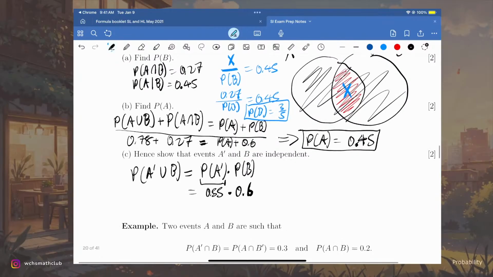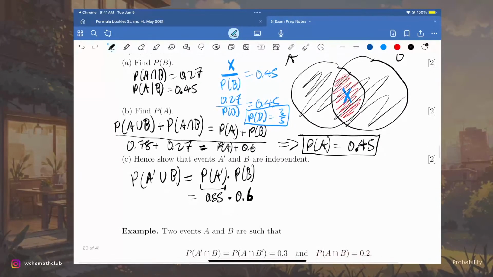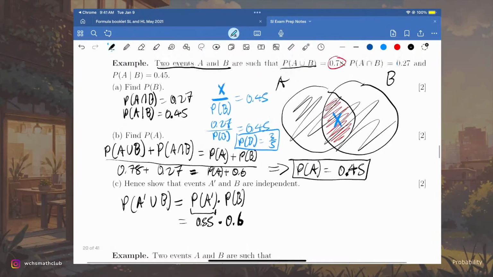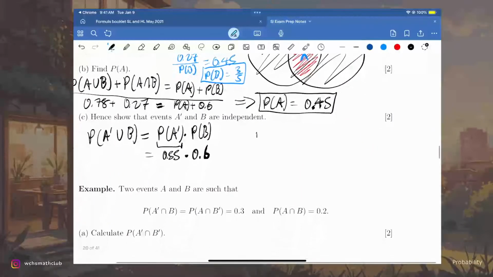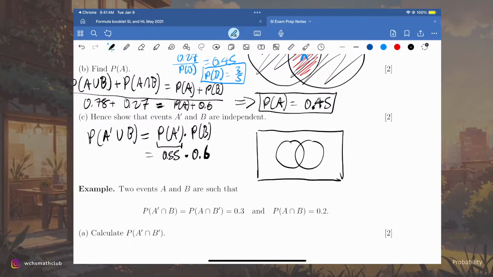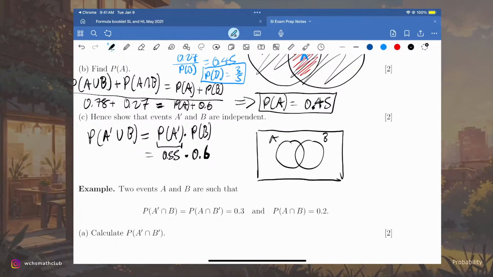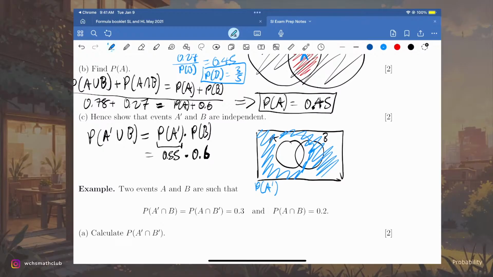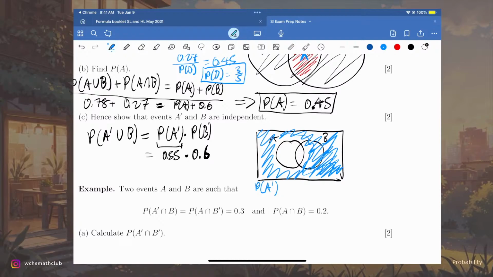And then now, the probability of A prime intersect B. Well, if you go back to our original Venn diagram, A, B, the left circle denotes A, the right circle denotes B. P of A prime is really just everything except A. So all of the stuff I'm marking with blue right now is A prime.